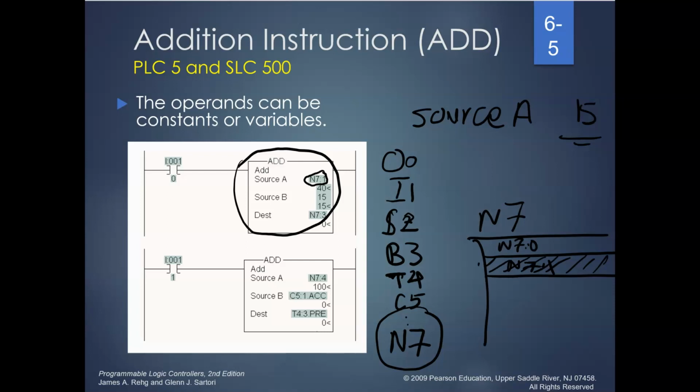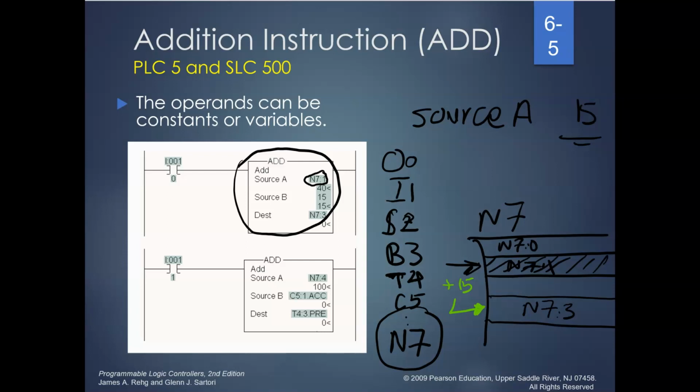Here, the address is N7:3, which means the next block is going to be N7:2. The next one after that is going to be N7:3. So whatever you have here will be added to 15, and then the result will be stored in N7:3.